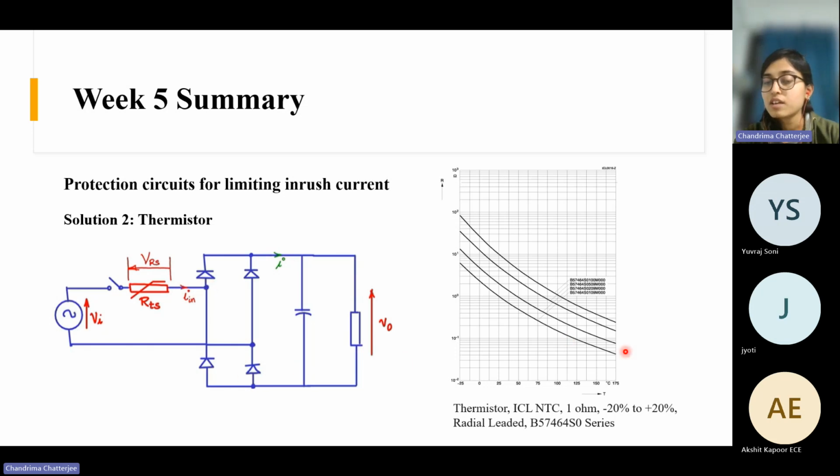Suppose it was here, and from this point it has come to this point, but not back to the initial point. That's the problem: if there is a power cut and then power comes back, the resistance value is not sufficient to limit the current to a safe value. That may be a problem here. Clear?